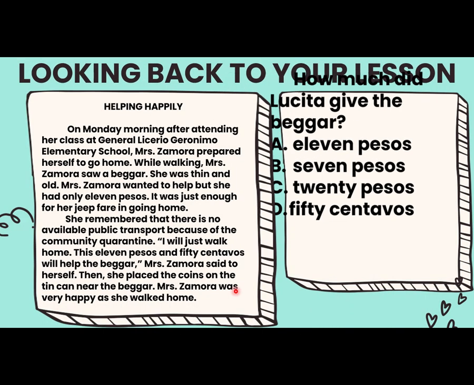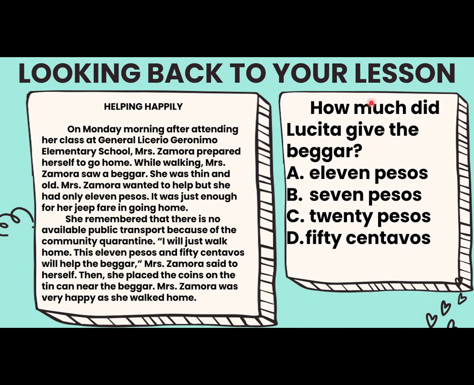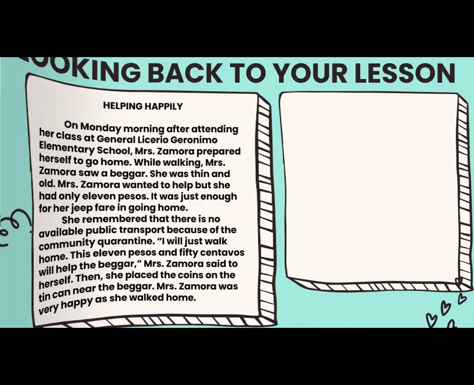Next question. How much did Mrs. Zamora give the beggar? A. 11 pesos, B. 7 pesos, C. 20 pesos, D. 50 pesos. The answer is letter A. 11 pesos.